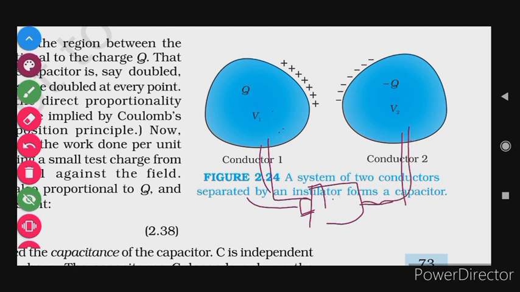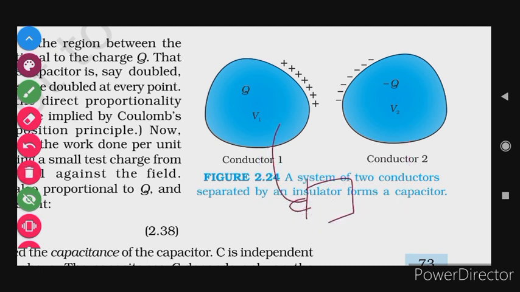So the battery, in pushing these charges onto the conductor, has done some work. Suppose the battery pushed one charge: there was no work done because there was no other charge. But when the battery pushed the second charge, it had to do work, because the first charge was applying a force of repulsion on the upcoming charge.